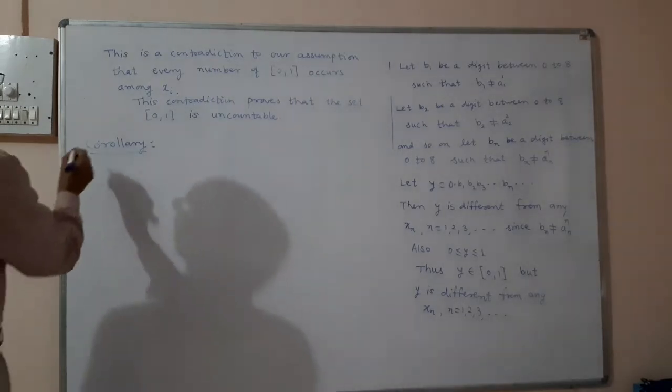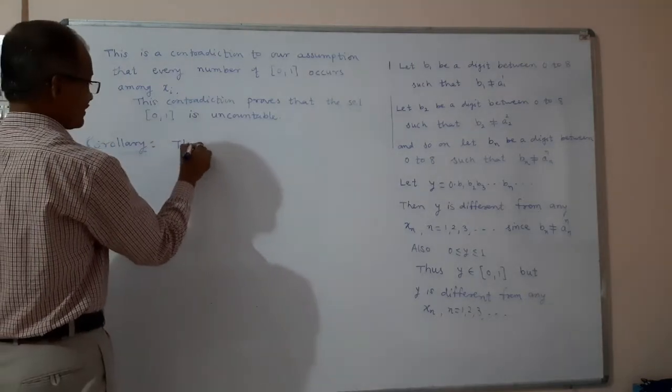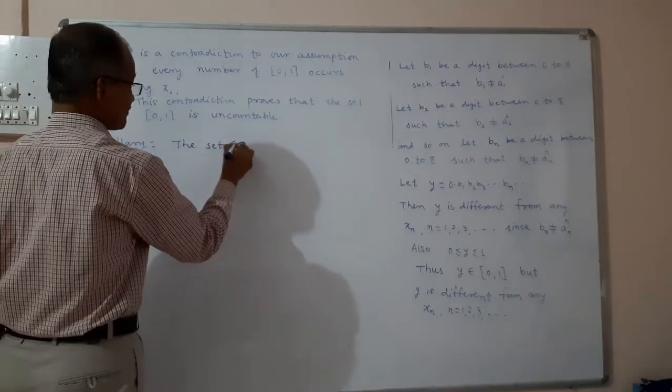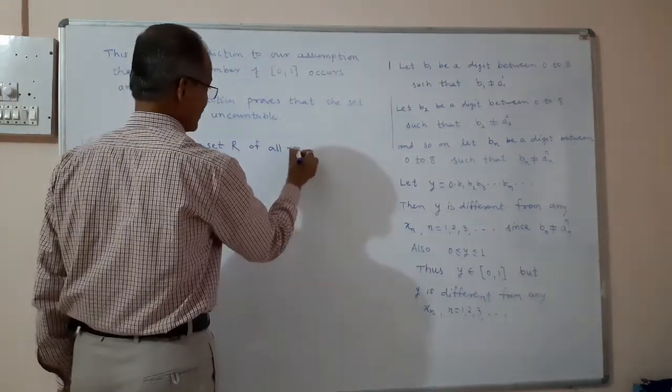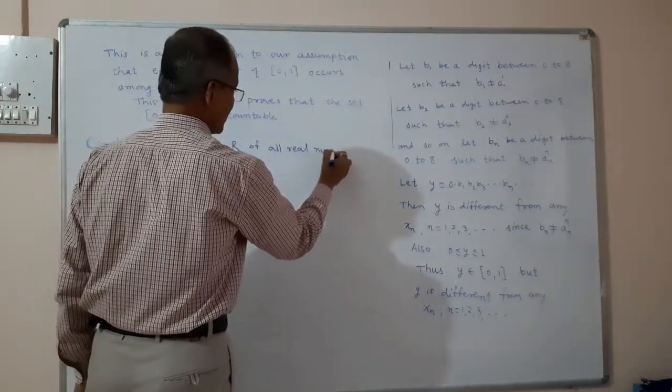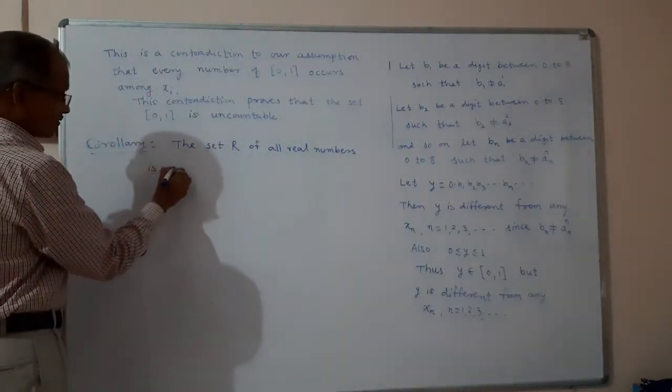The corollary we shall prove is: the set R of all real numbers is uncountable.